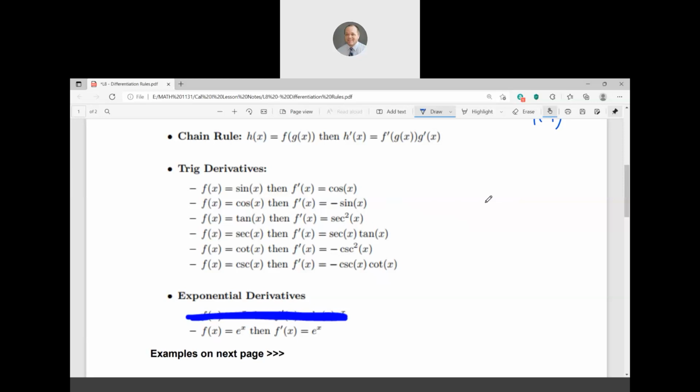Third one, the derivative of tangent x is secant squared x. The next one, the derivative of secant x is just secant times tangent. The derivative of cotangent is negative cosecant squared. And the last one, derivative of cosecant is negative cosecant cotangent.